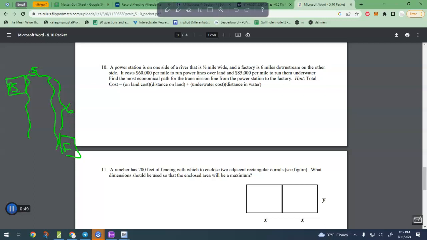So I'm just doing this kind of for myself. Land is 60K per mile, and underwater is 85K per mile. Okay.